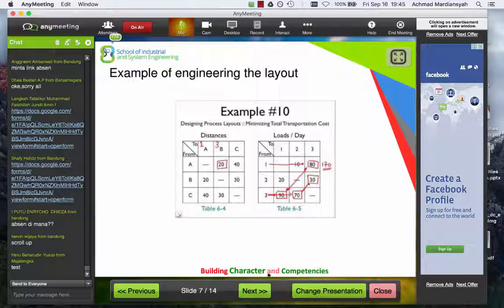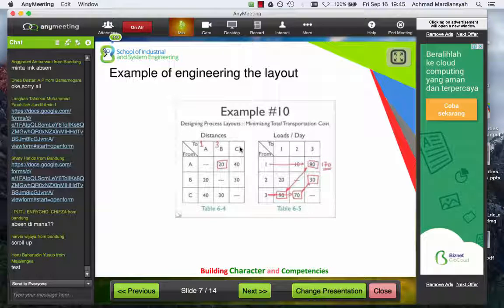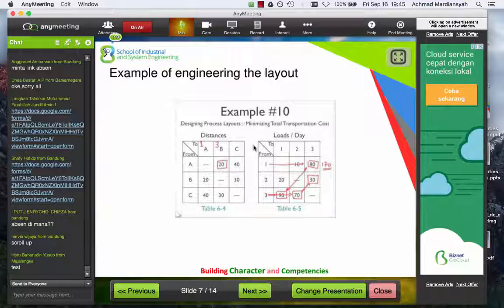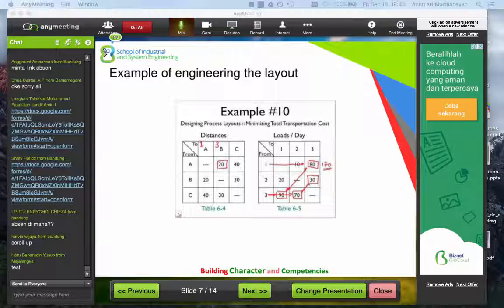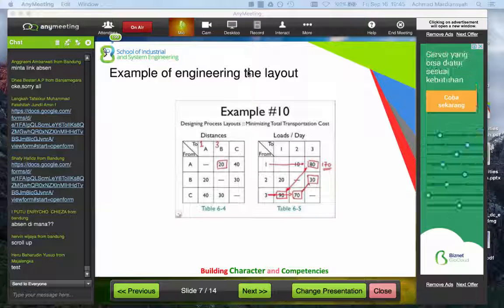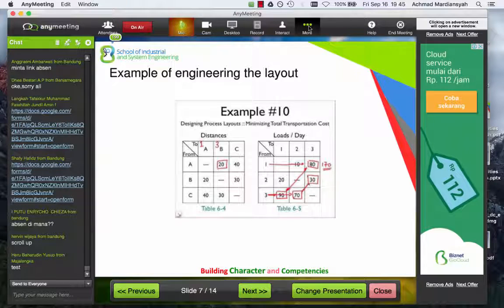Okay, so simple of engineering the layout. For example, here this is one example of one application of how you apply your principles of the layout.